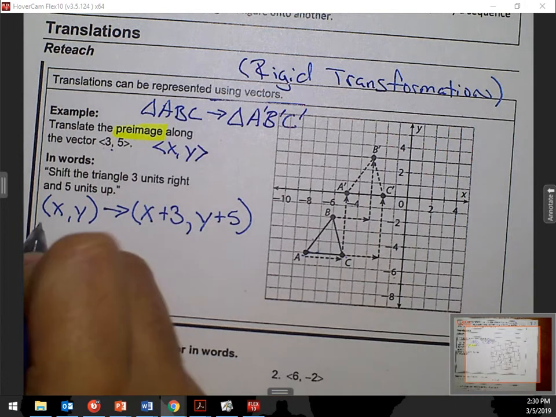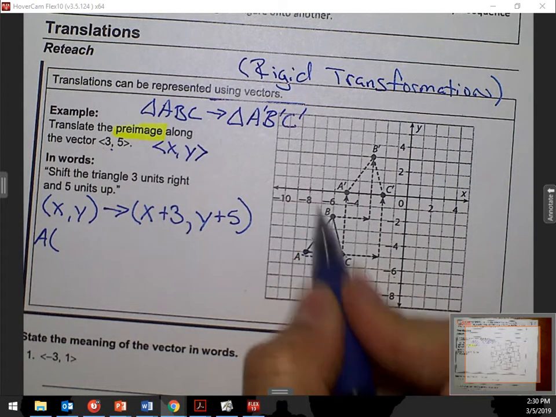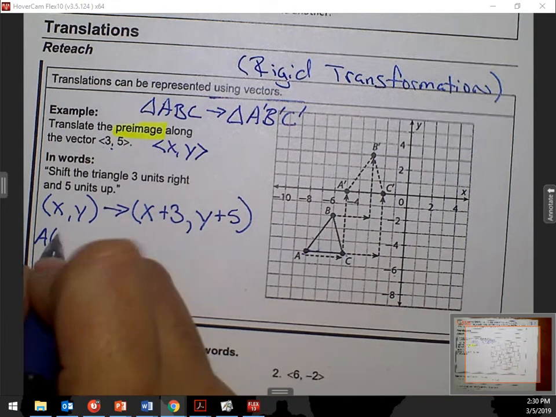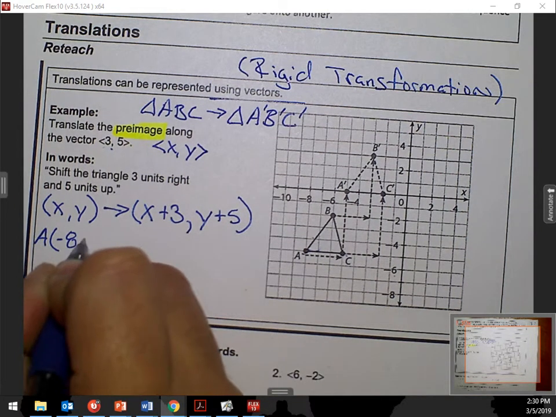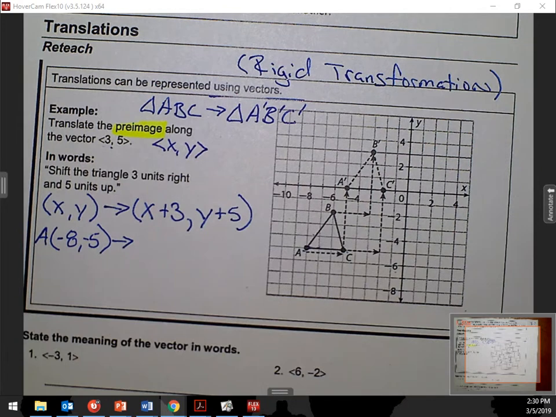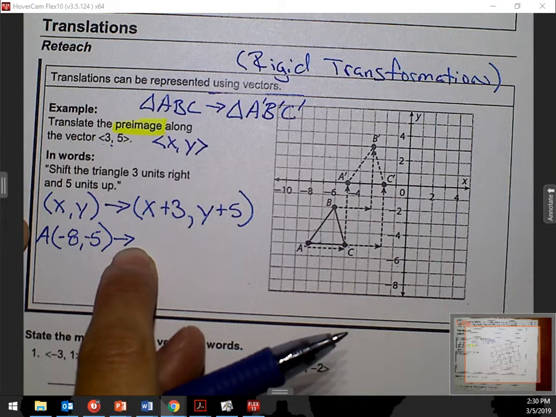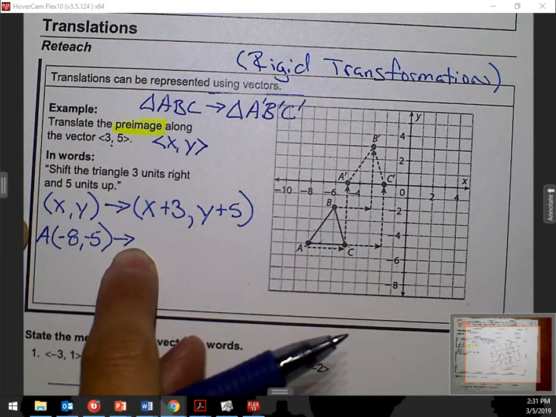So the coordinate A is located at negative 8 and negative 5. If I start at A, what am I going to call the next one? A prime.